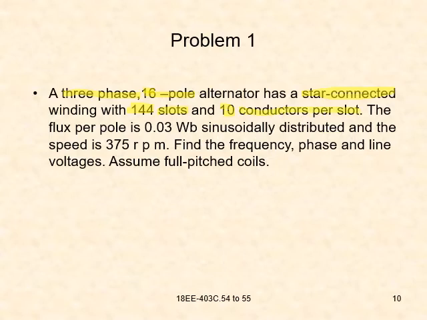The flux per pole is 0.03 Webers sinusoidally distributed, and the speed is 375 rpm. Find the frequency, phase and line voltage. Assume it is full pitched coils. So this is the question.